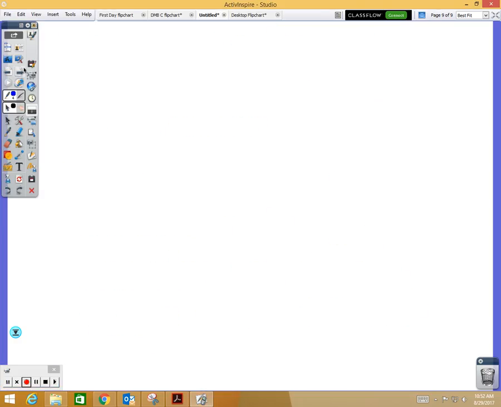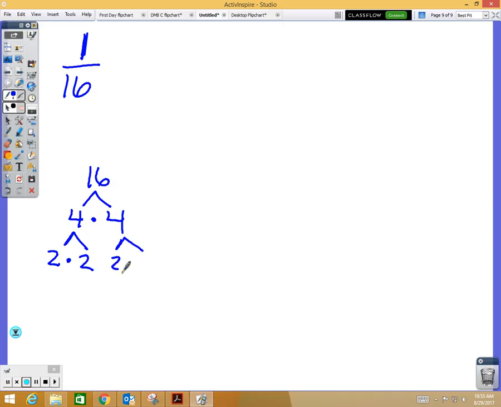So if I wanted to write this number without a fraction bar, the first thing that I would need to do is write the prime factorization of 16. So 16, that's 4 times 4, and 4 is 2 times 2. So that'd be 2 to the 4th power. Do we all agree that 16 is 2 to the 4th power?